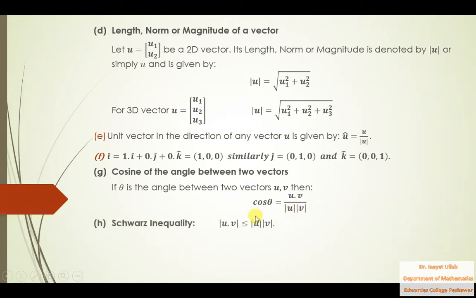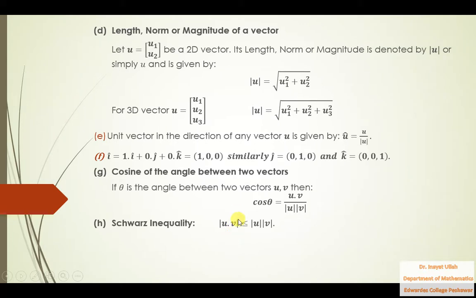And the other one is the Schwarz inequality. What is the Schwarz inequality? It says that the magnitude of the dot product of two vectors is always less than or equal to the product of the magnitudes of those two vectors.